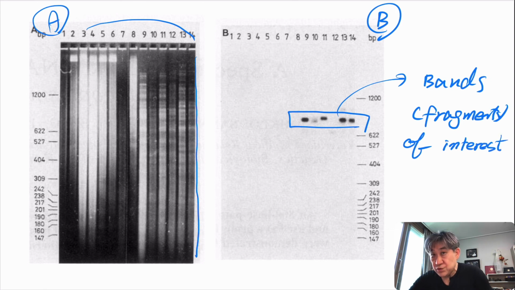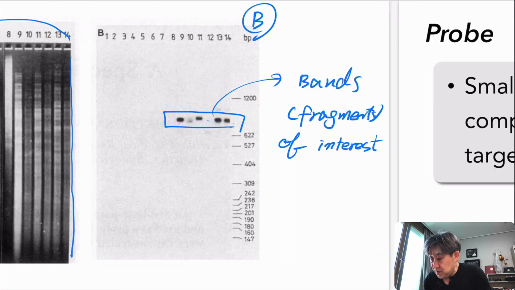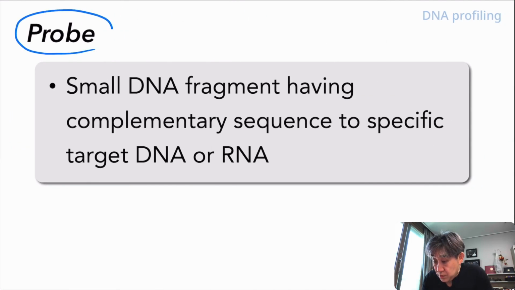How did you remove all this noisy background and show only the DNA fragments that you want to see? There comes the concept of the probe.